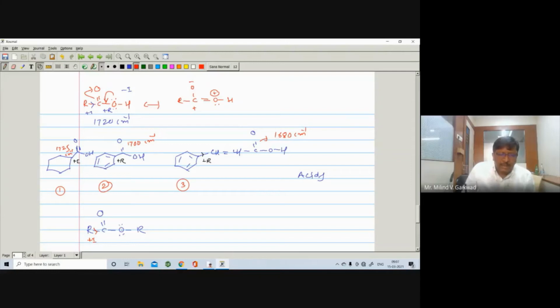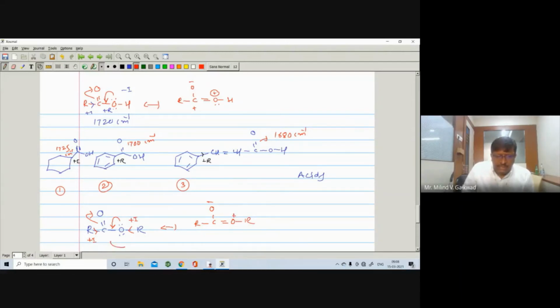At the same time, the lone pair on the oxygen is also involved in delocalization, and this R also exhibits plus I effect. So of course it undergoes resonance, and again you are having such a type of resonating structure. Okay, so here there is a plus R.